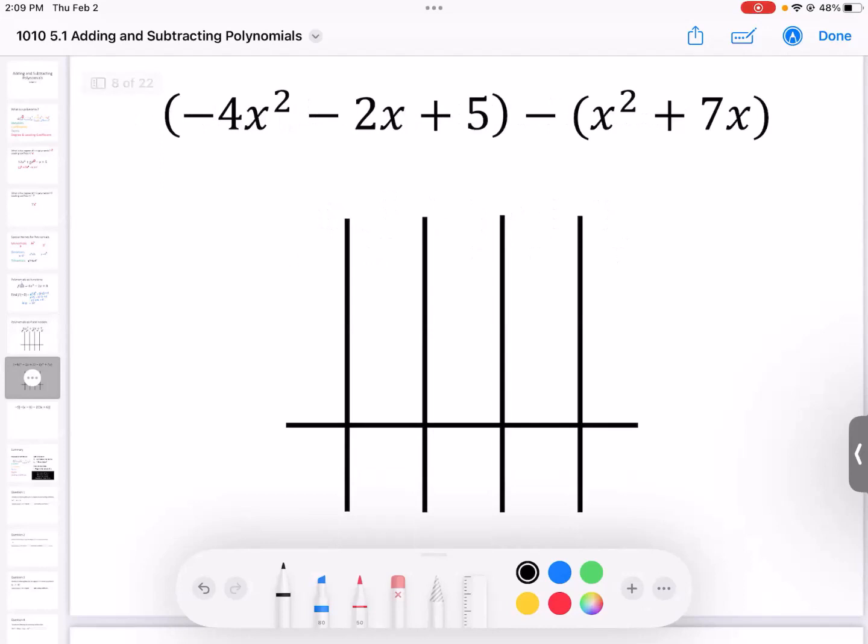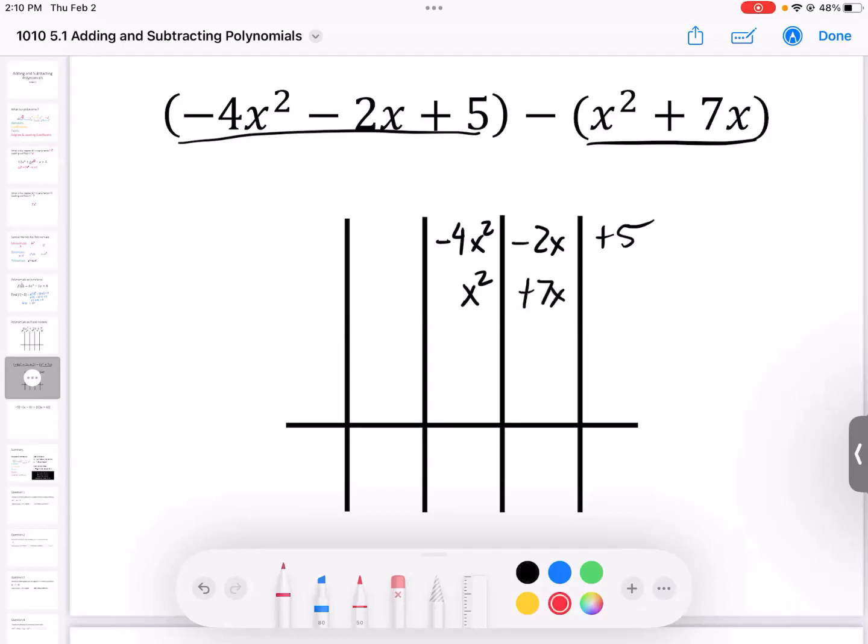So let's say, for example, we have this polynomial plus this polynomial. Well, if you thought about them as being place values, you could say, I have -4 in my x squared column, a -2 in my x column, and a +5 in my constant column. And then I have an x squared that I'm subtracting, and a +7x that I'm subtracting.